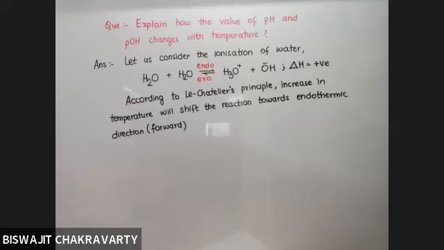Because pH is negative log of H3O plus. So if H3O plus increases, pH will decrease. If OH minus increases, then what will happen to the pOH? That will also decrease.